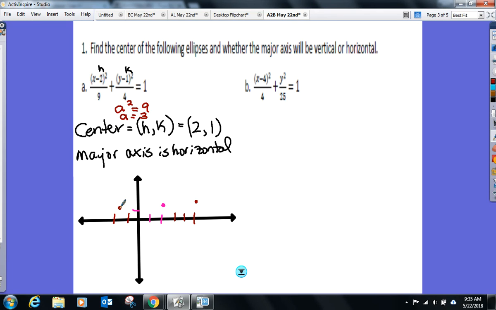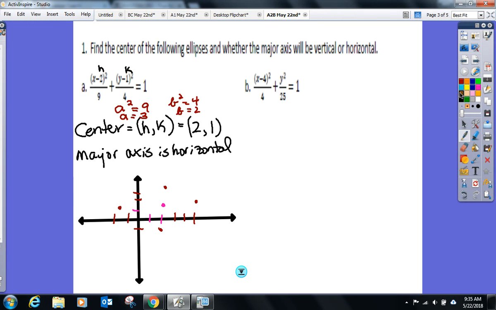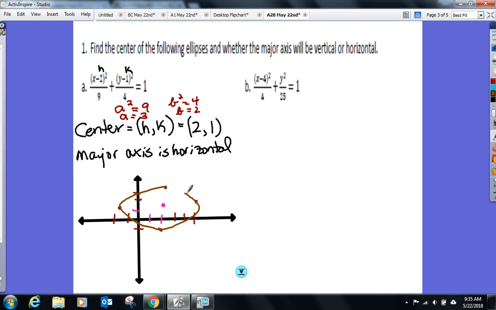Guess where I would go on the y-axis? There's a 4 here. That's my b squared value. What's my b value? 2. So that means I go 2 units up and 2 units down. I'm going to have you graph these by the end of class. There's a sketch of my ellipse.